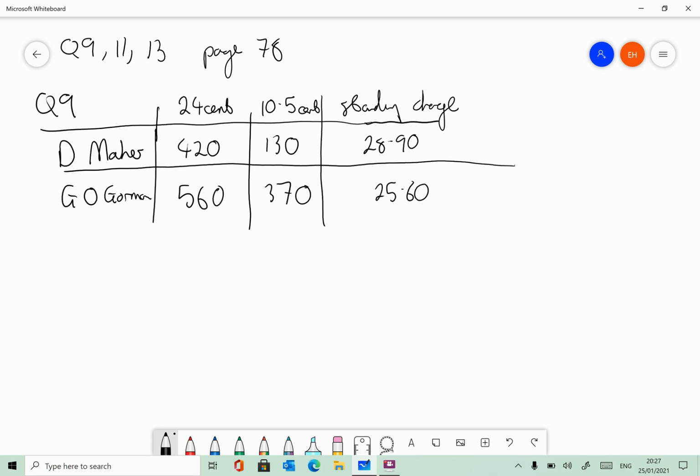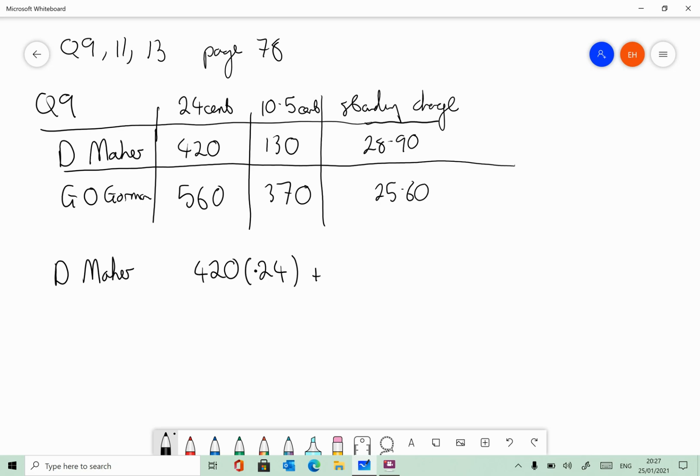Okay, so let's just look at D. Marr first of all. He's going to have 420 at 24 cents. I'm not going to leave that as cent, I'm going to turn that into euro. 24 cent as a euro is 0.24. So this guy uses 420 of these units that are each charged at 0.24 of a euro.